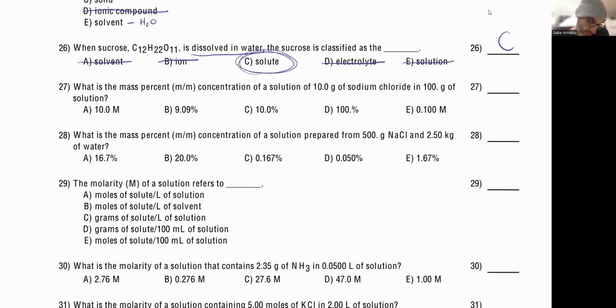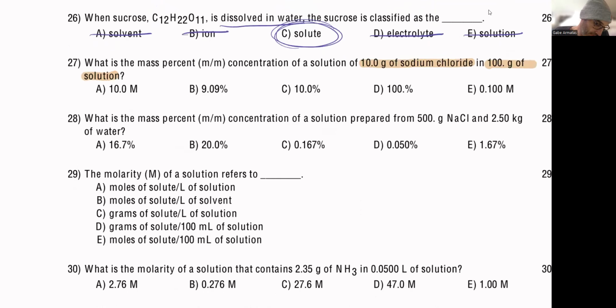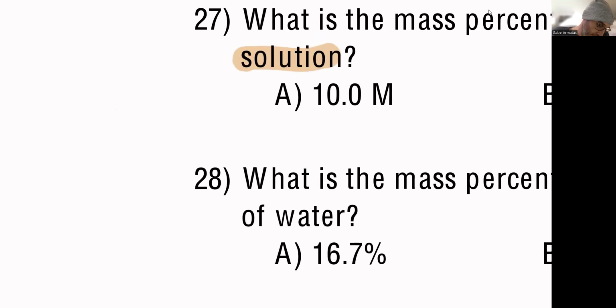All right, now we're getting into some math. What is the mass percentage concentration of a solution of 10 grams of sodium chloride dissolved in, it looks like, 100 grams of solution? All right, so my mass percent is the part over the whole, as any percentage is.